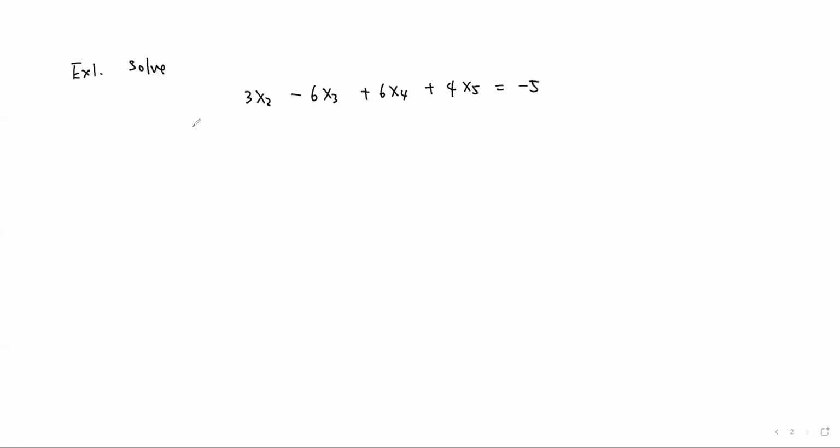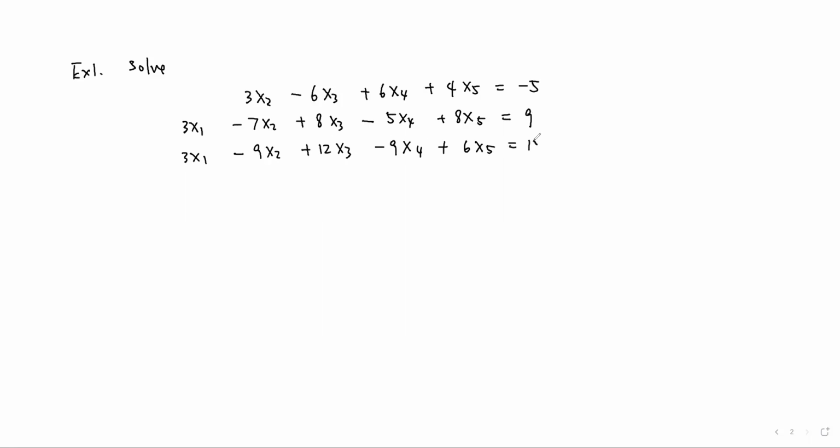The second equation is... The third equation is... In this linear system, the number of unknowns is 5 and there are only 3 equations. So this is a rectangular linear system.